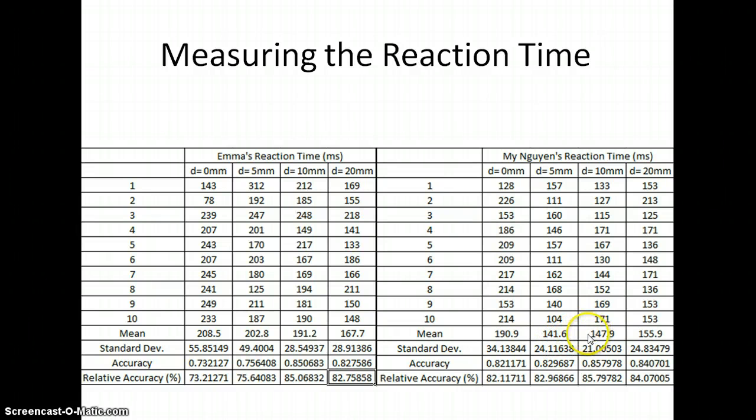For D equals 10 millimeter, her reaction time is 147.9 milliseconds. And for D equals 20, her reaction time is 155.9 milliseconds. And just like the first subject, Emma, her accuracy also increased as I use the second and the third reaction strip, which is D equals 10 and D equals 20.